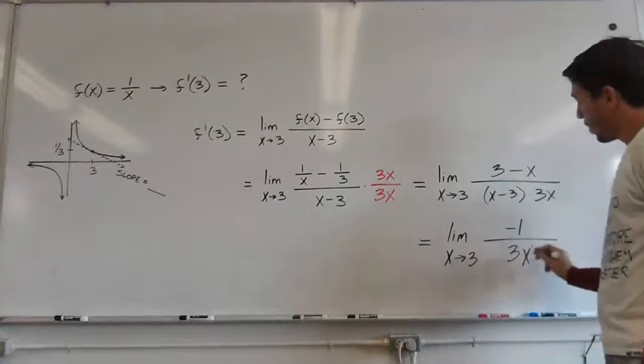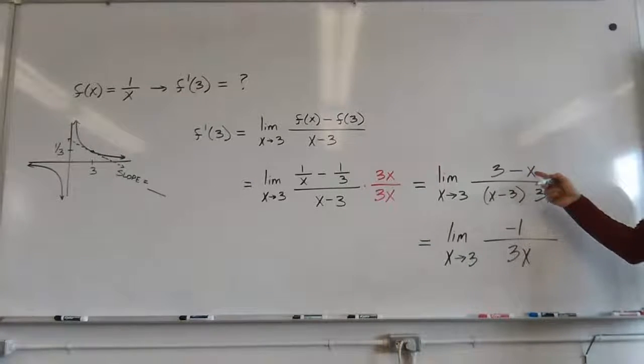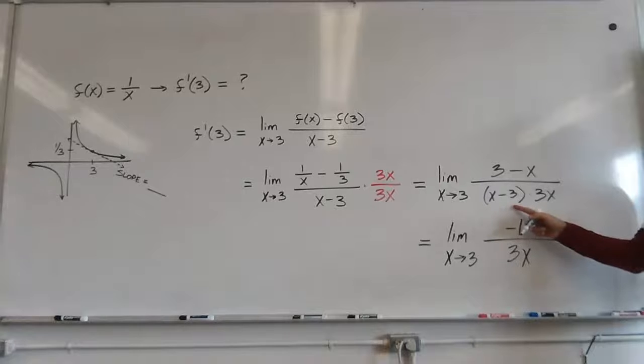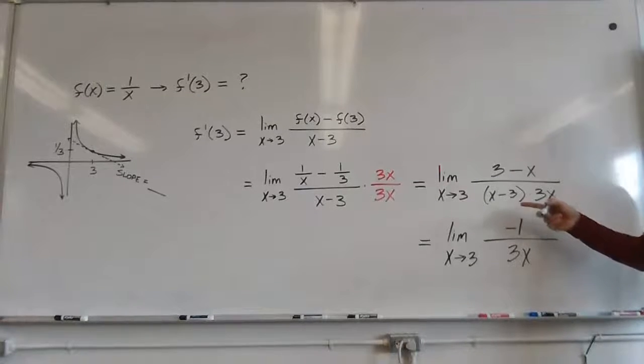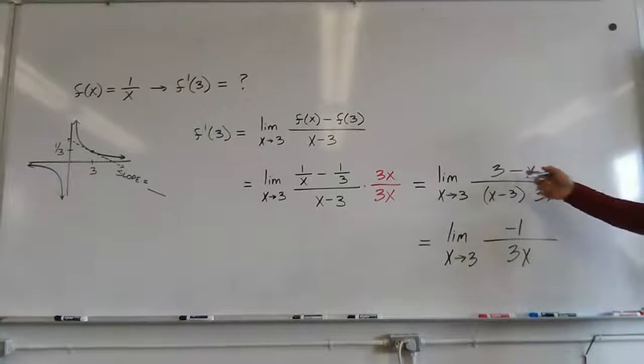Yeah, so this guy, 3 minus x, is the opposite of x minus 3. If that's confusing to you, pick any number you want. Pick 7. If x was 7, you'd have negative 4 and 4. So these are going to be opposite of each other.